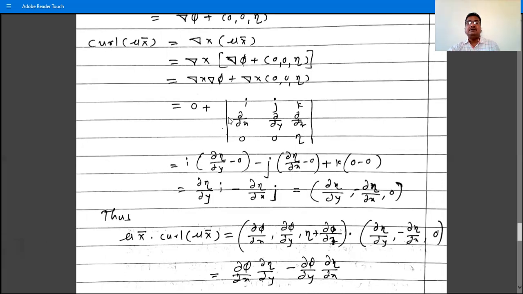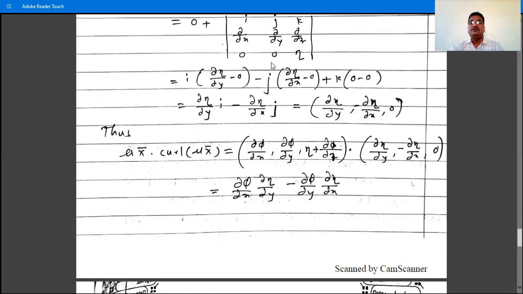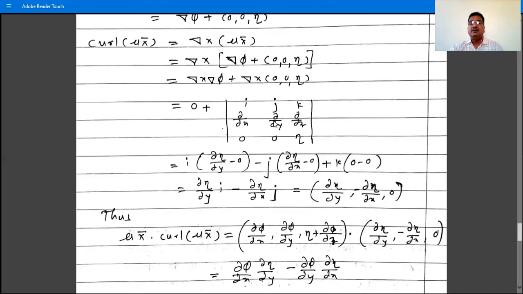Del cross del phi means curl grad phi is 0. The cross product of these two vectors is the determinant with i, j, k, where del means the operator delta by delta x, delta y, delta z, and 0, 0, nu. Solving this determinant, we have i in bracket delta nu by delta y minus 0, minus j delta nu by delta x minus 0, plus k (0 minus 0) in bracket.